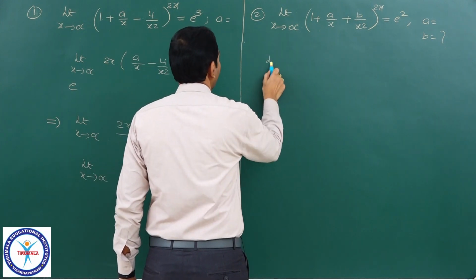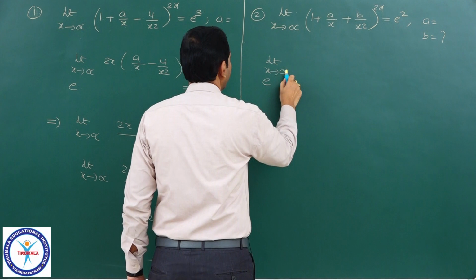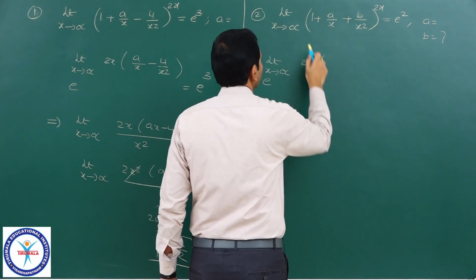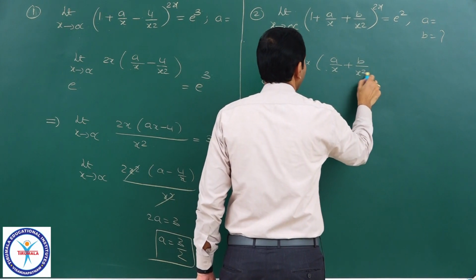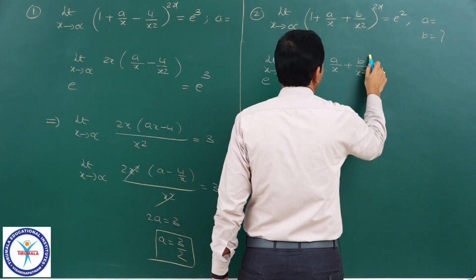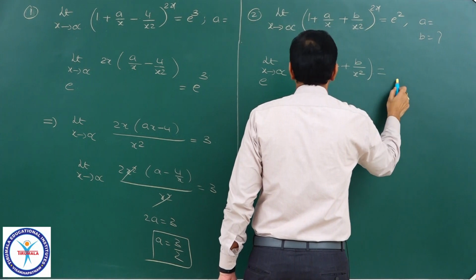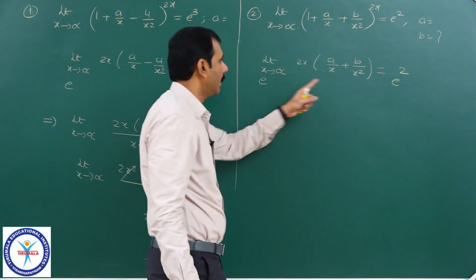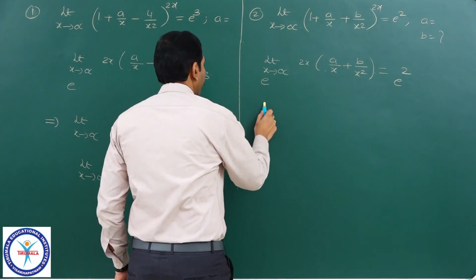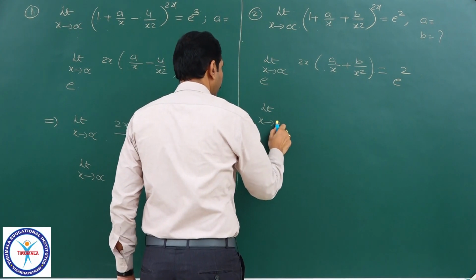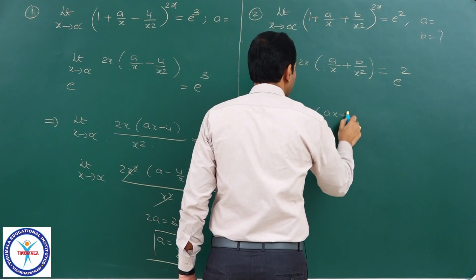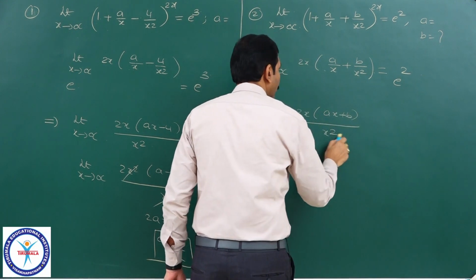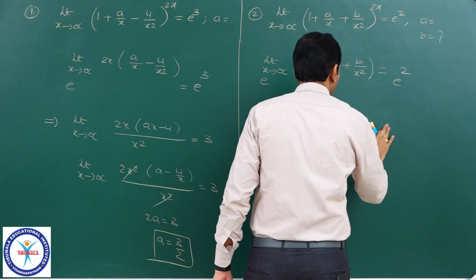It is e power limit x tends to infinity g of x, that means 2x, this 1 will get cancelled, a by x plus b by x square is equal to e square. That is, the limit is equal to 2, which implies limit x tends to infinity 2x into ax plus b by x square is equal to 2.